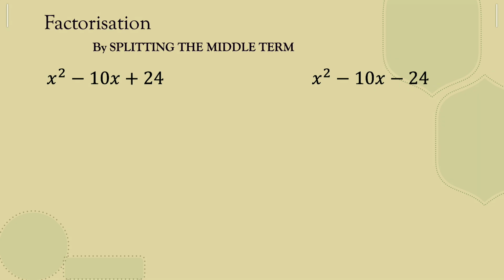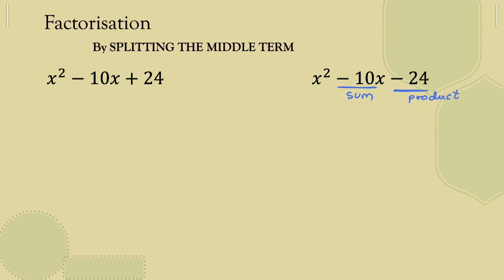Next question is x square minus 10x minus 24. Product is negative and sum is also negative. So only one of the two factors will be negative, other will be positive.